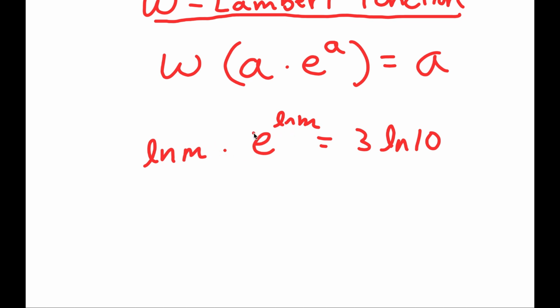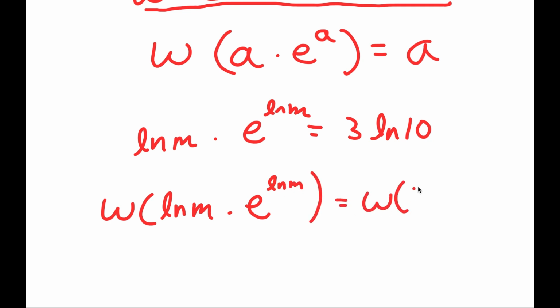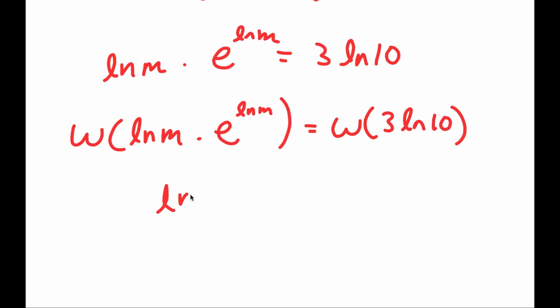And just to keep in mind, we have to take the W on both sides. So by doing that, I get W of ln m times e to the power of ln of m is equal to the W of 3 times ln 10. And now I get ln of m, which is the value of a, is equal to the W of 3 times ln 10.